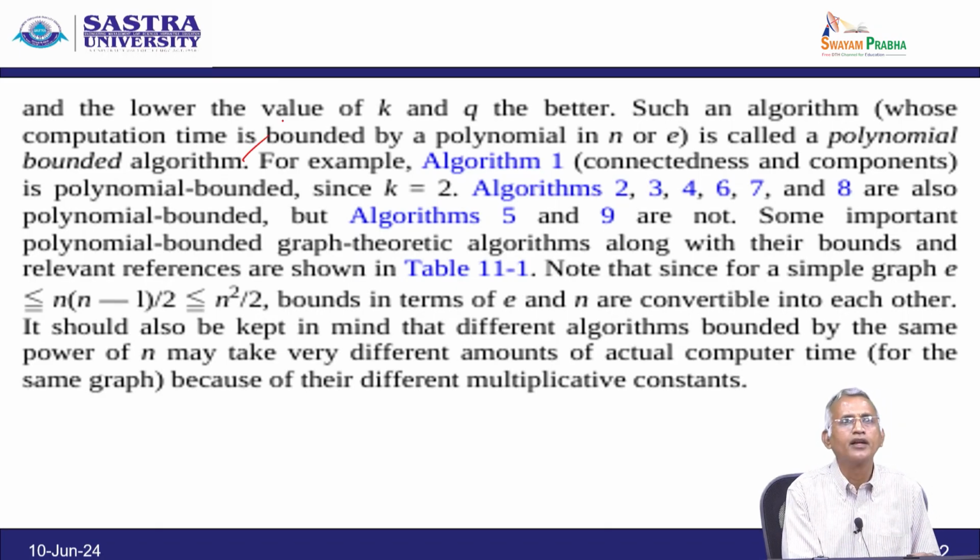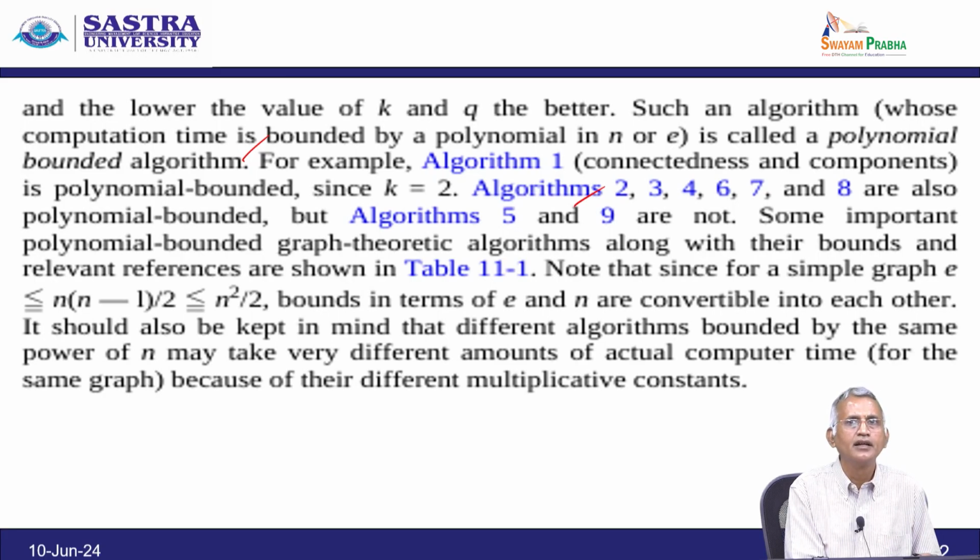For example, algorithm 1, connectedness and components, is polynomial bounded since k equals 2, and the rest of algorithms 2 to 8 are also polynomial bounded, but algorithms 5 and 9 are not. Some important polynomial bounded graph theory algorithms along with their bounds and relevant references are shown in the table.